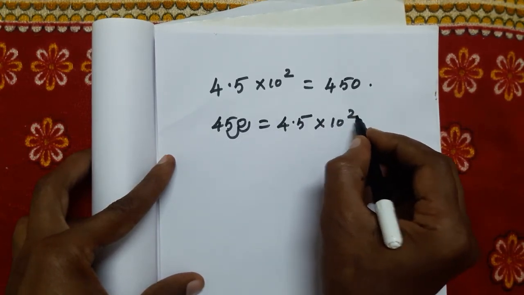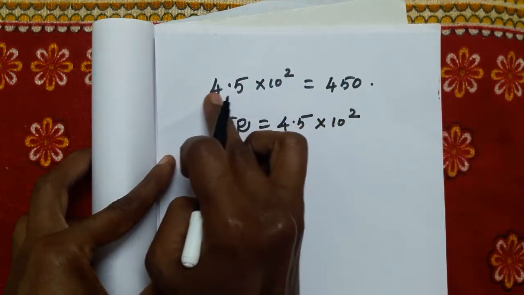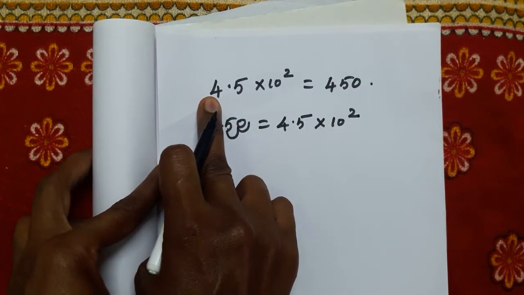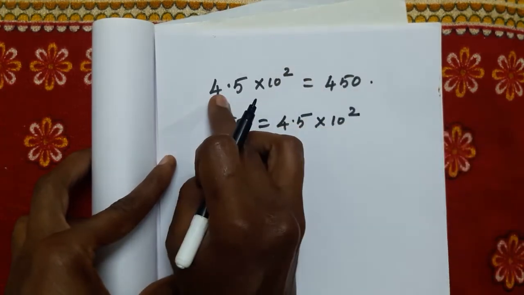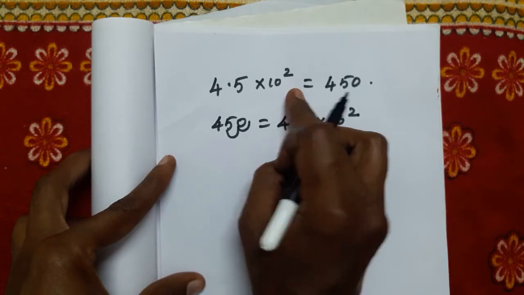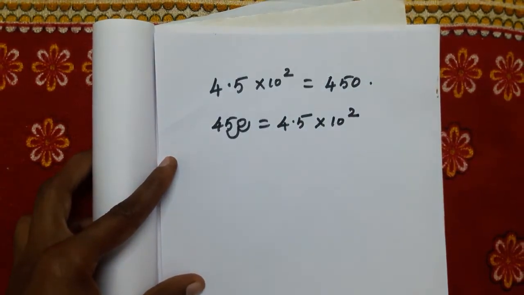This is the reverse form. Now 4.5 into 10 power 2 means we have to move the decimal point 2 digits right.